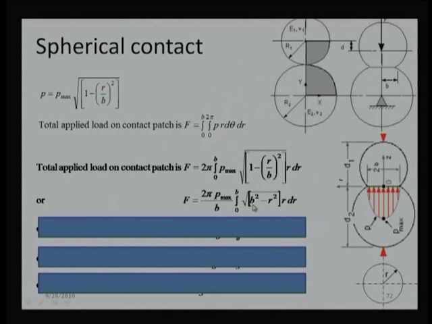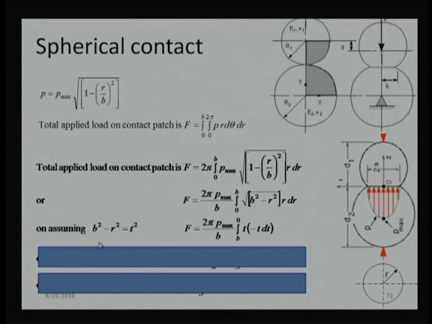We can substitute B square minus R square equal to some variable, differentiate it and substitute this value. For the time being, we are assuming that B square minus R square is T square. If we differentiate, it will turn out to be minus 2 R dr, which is here R dr we have to substitute, and this side will turn out to be 2 T dt.